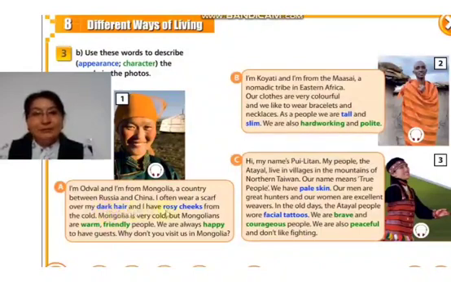Dark hair, rosy cheeks, tall, slim, pale skin, facial tattoos. Now, the words that describe character: warm, friendly, happy, hardworking, polite, brave, courageous, and peaceful.